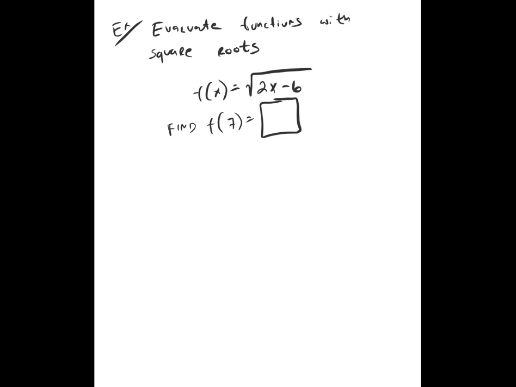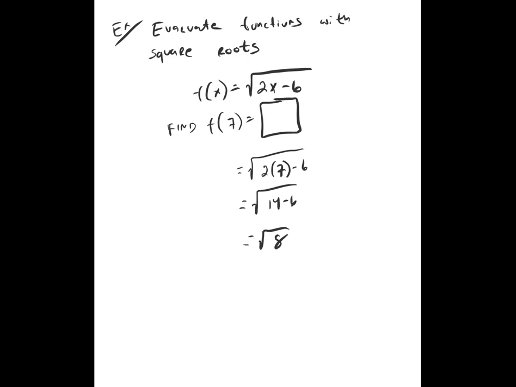In order to find this, all we do is replace x with 7 and follow order of operations. So what do we get? 14 minus 6, because 2 times 7 is 14. This gives us the square root of 8.